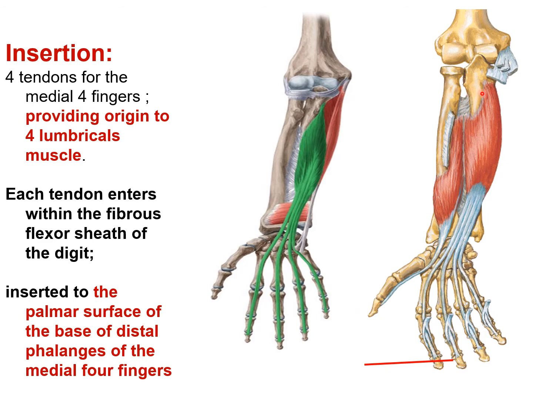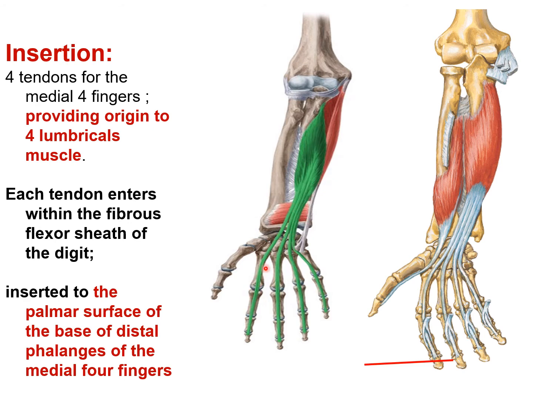The flexor digitorum profundus muscle ends in four tendons for the medial four fingers, and it also provides origin to four lumbrical muscles, which will be dealt with in the lecture on the palm.